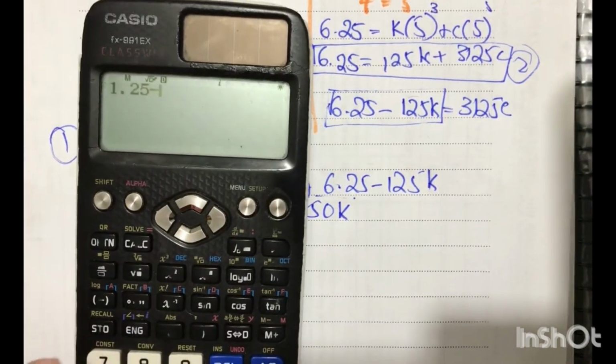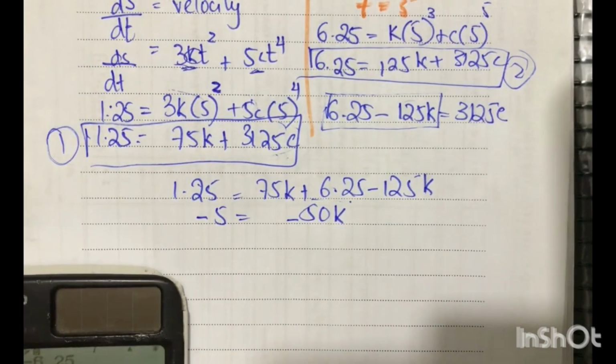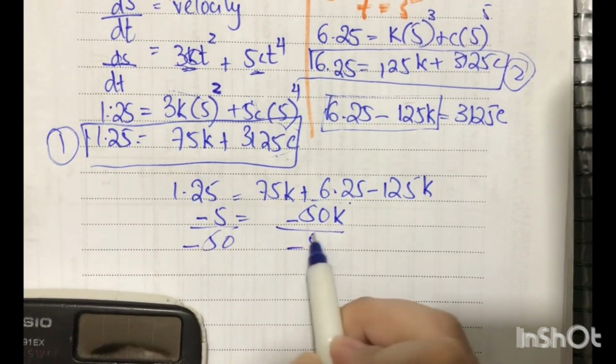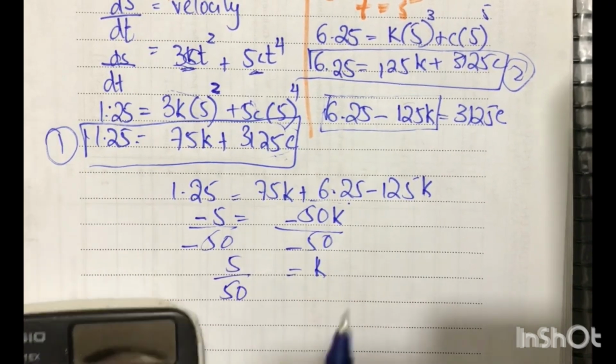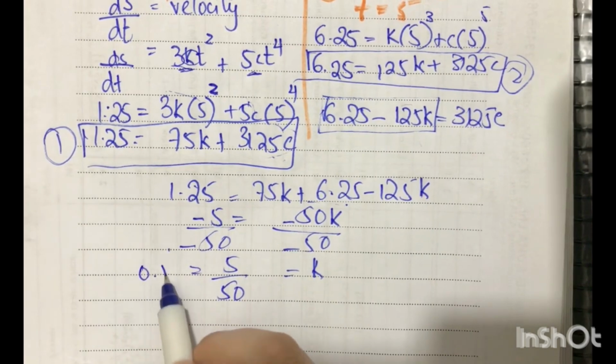So it's 1.25 minus 6.25, so this is minus 5. We divide by minus 50 on both sides and we get k is equals to 5 over 50 or 1 over 10. So this will become 0.1.